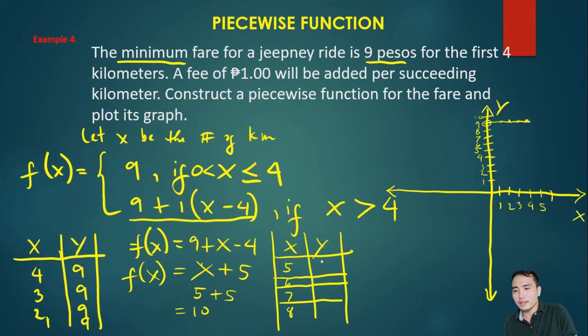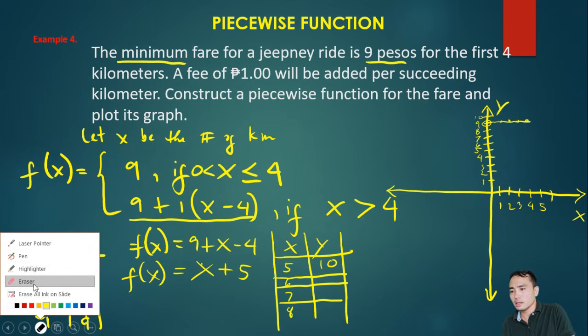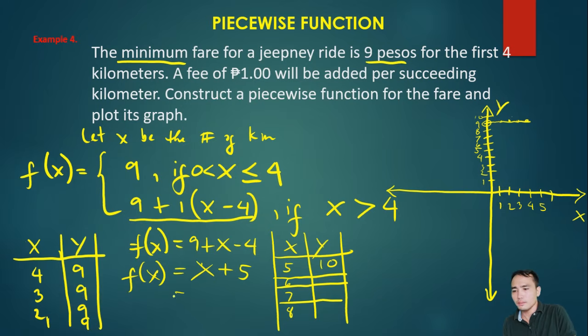Okay, so yung y natin is 10. Kapag yung x natin is equal to 6, okay, so this is 6 plus 5, meaning the value of the function at 6 is 11.